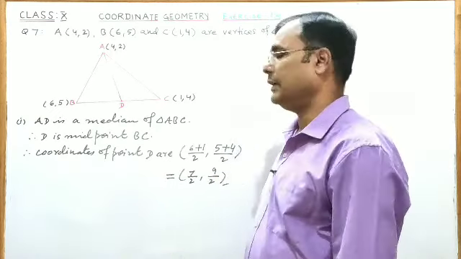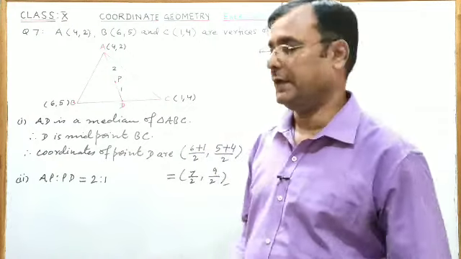So second part, AP is to PD is equal to 2:1, and we have to find coordinates of this point P which divides AD, the median AD of triangle ABC, in the ratio 2:1.